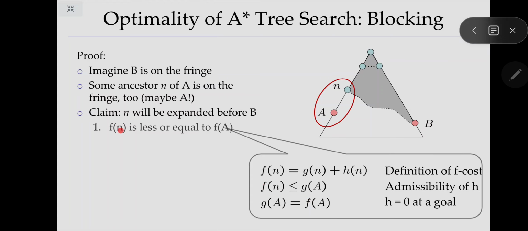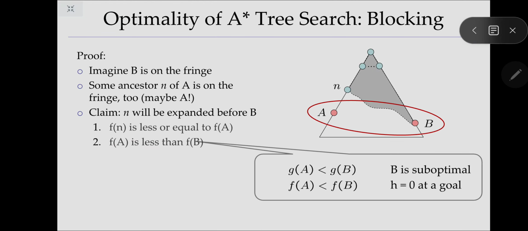Thus, we say that Fn is less than Fa and the greedy algorithm checks Fn before Fa and expands all of the nodes of N. For the next step, we say that Fa should be less than Fb.